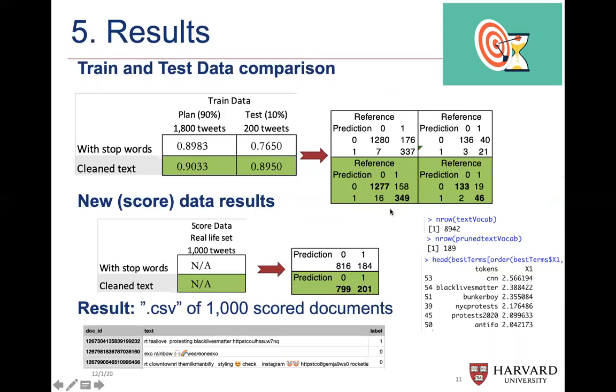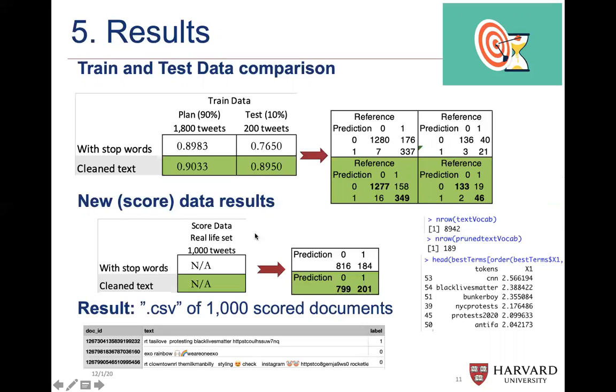But in reality, the political tweets were the ones that it got right and the ones that got wrong, so it would be the 349 plus the 158. The same with our test data. It predicted 46 were political. In reality, it was about 55 that were political. So a pretty good prediction probability, 90%.